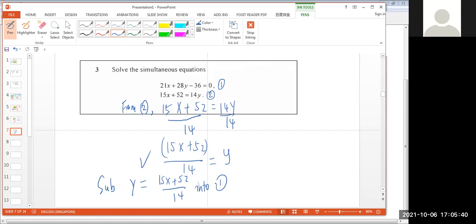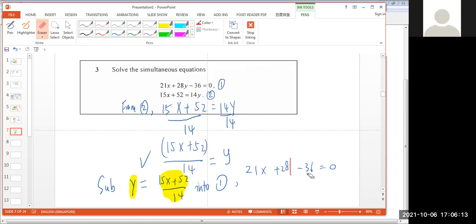Okay, so what I'm going to do, I'm going to just write the equation 1 out first: 21x plus 28y minus 36 equal to 0. So can you see that the y is already equal to this? So from this, can you see that the y is here? So in fact, you just replace your y with 15x plus 52 divided by 14.